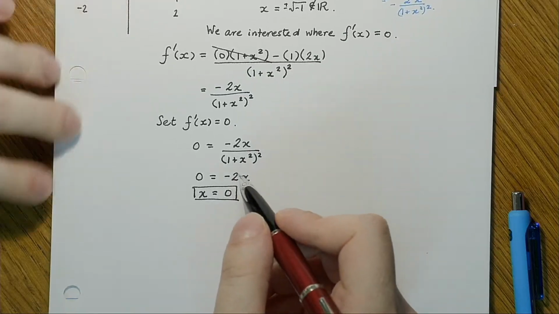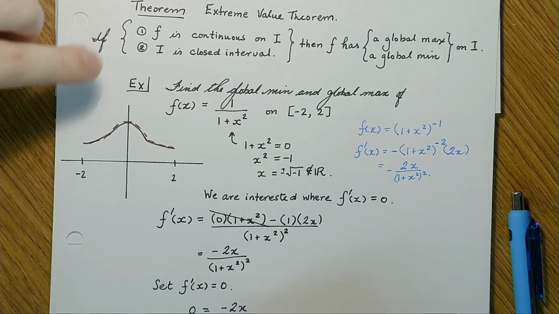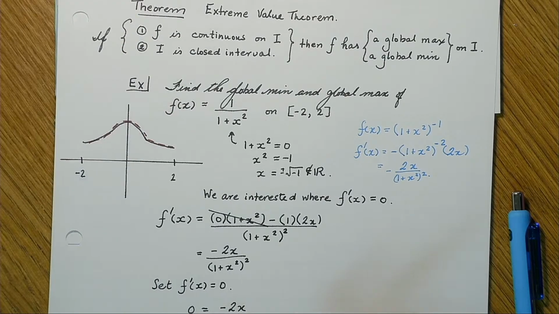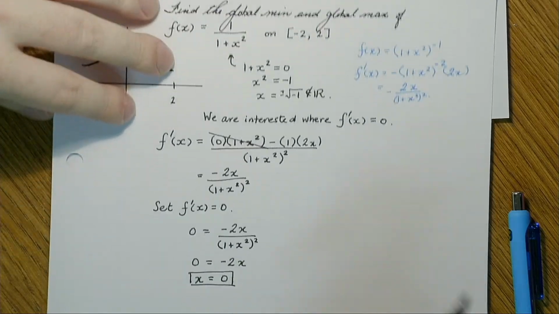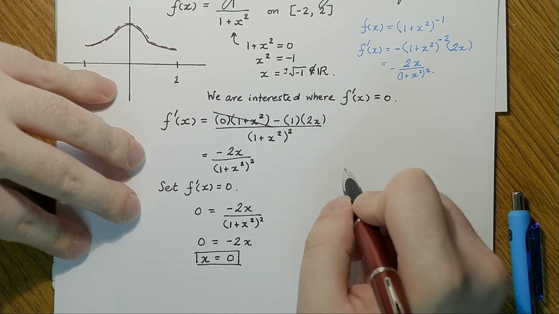we have our critical point, and what we have is the extreme value theorem here that says that it's on these closed values. Now notice here, we could build a little table.